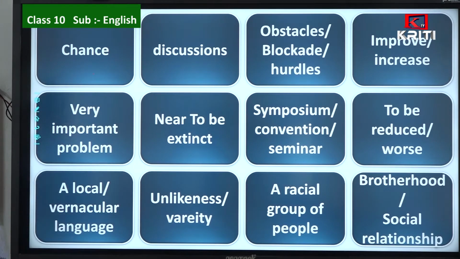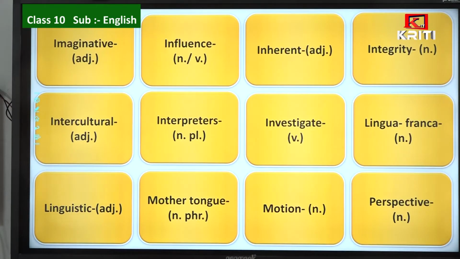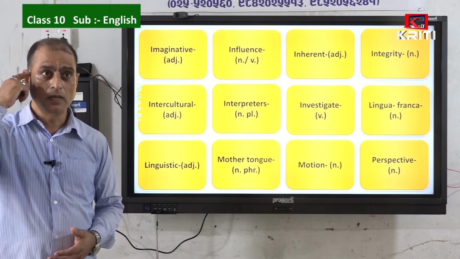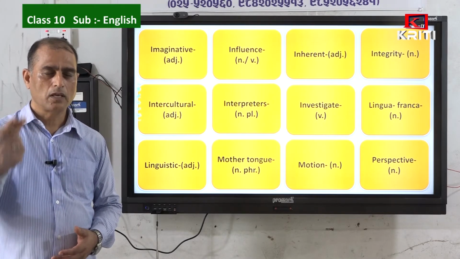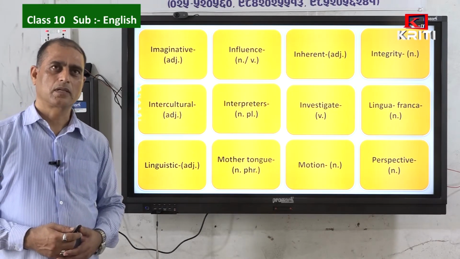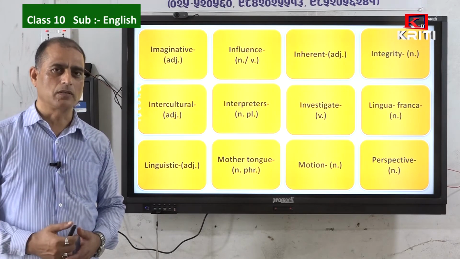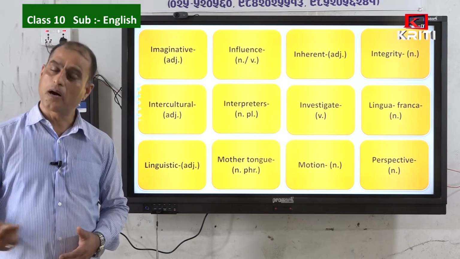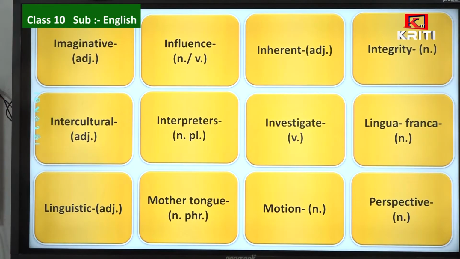Fraternity is social relationship. Okay, let's see another word, that is imaginative. He has good enough imaginative power. Imagine, verb, imagination, noun, imaginative, adjective. He has a good imaginative power, not good imagination power. What does that mean, imaginative?